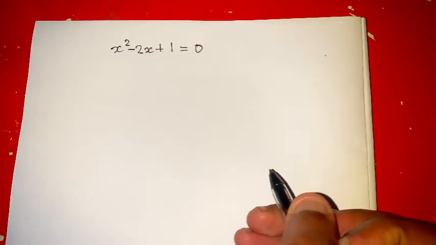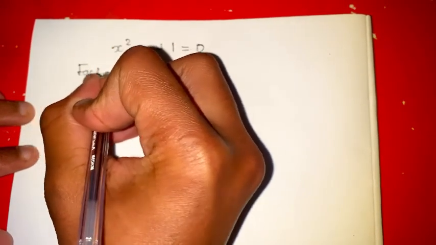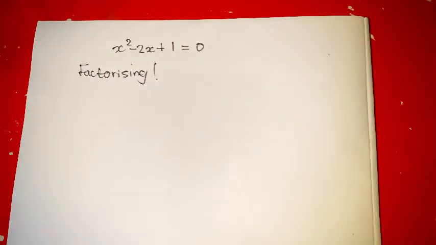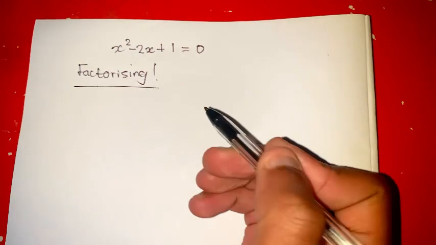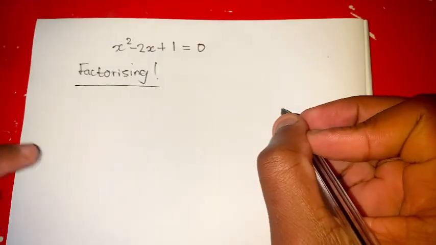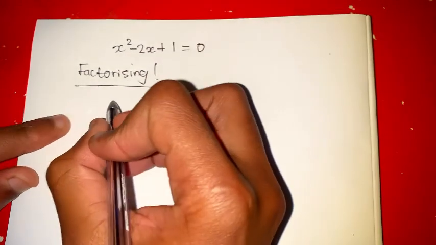This is grade 10, maybe grade 9, don't remember, but I know there's something you call factorizing. I will post a video on this topic in the future, but we're not going to touch on the topic right now. For now, we're just going to apply it.